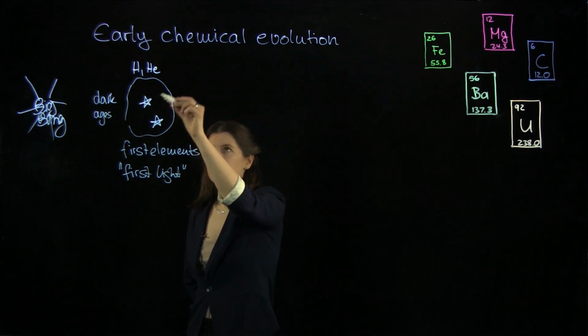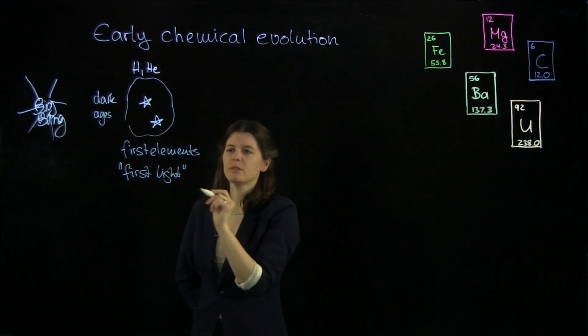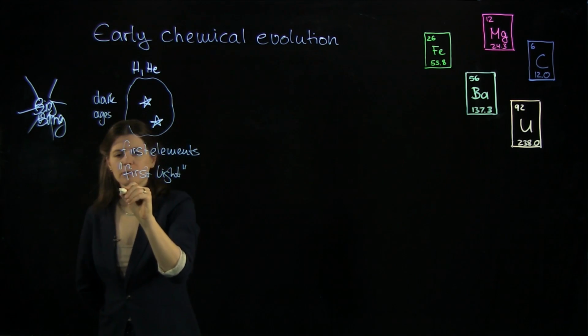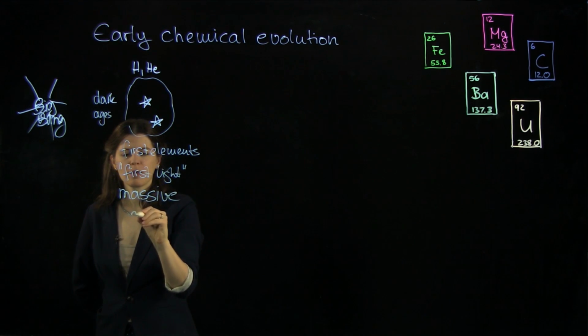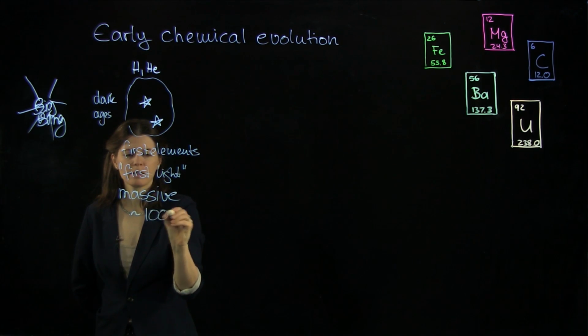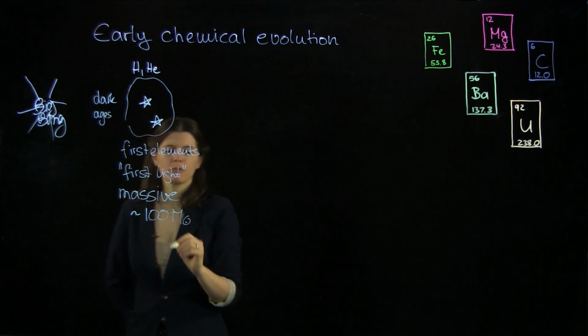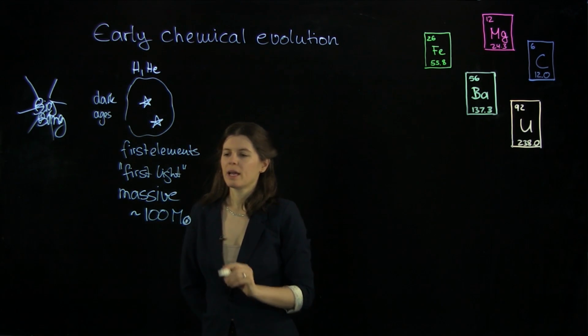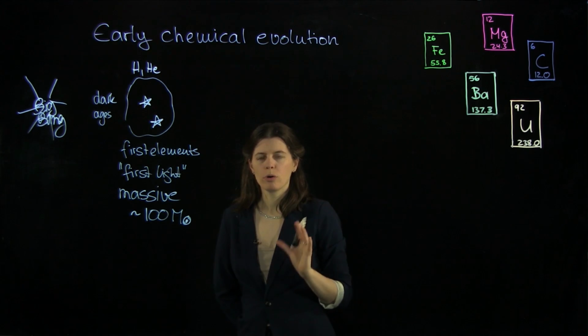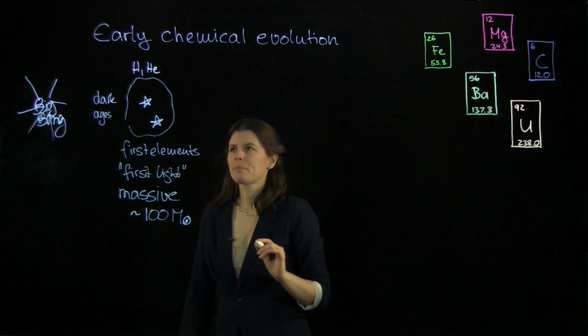Now, these stars here, because they're formed from just hydrogen and helium gas, were very massive, rather large, maybe something like 100 solar masses. So we use the unit here of solar mass, this is the symbol for the sun, as a unit, so 100 times as heavy as the sun.